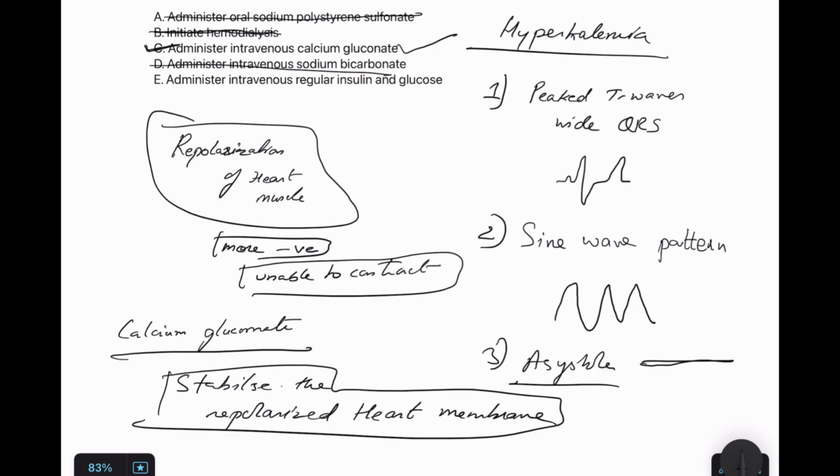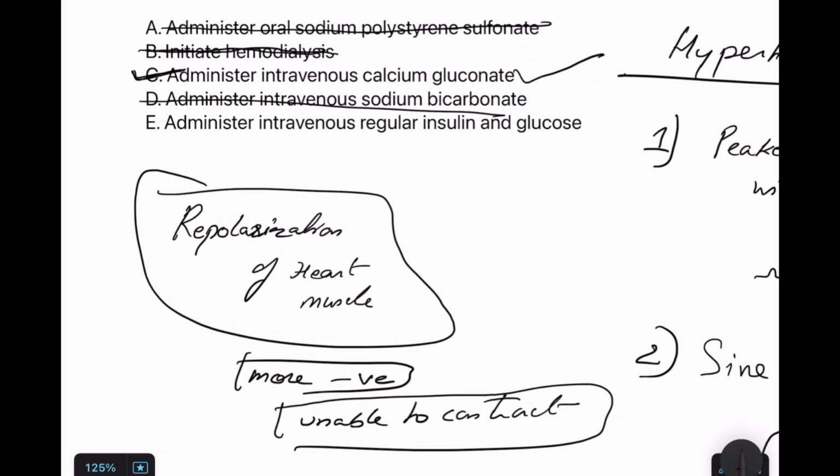By the way, the second best choice is where you administer insulin and glucose. What do insulin and glucose do? You give calcium gluconate, but with calcium gluconate you should also start insulin and glucose.